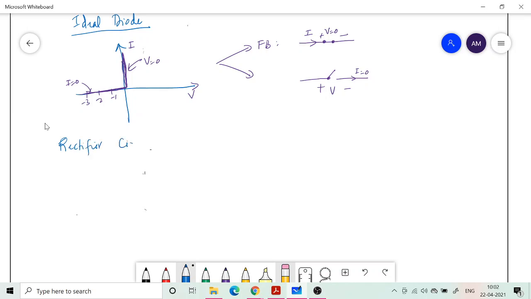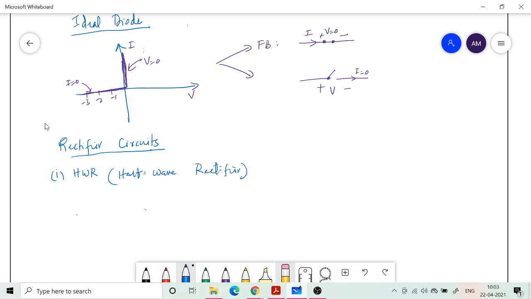This is one of the fundamental applications. For this reason, even diodes are sometimes called rectifiers. There are various kinds of rectifier circuits. The simplest is a half wave rectifier. HWR means half wave rectifier.